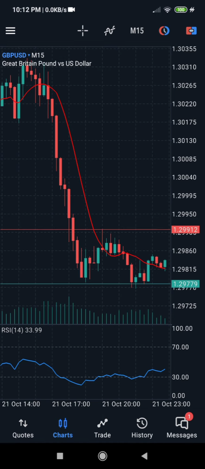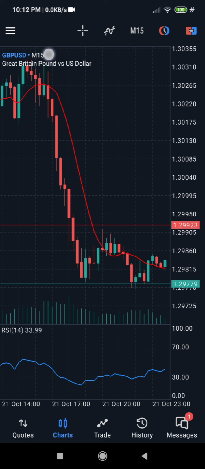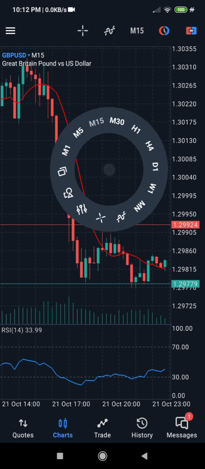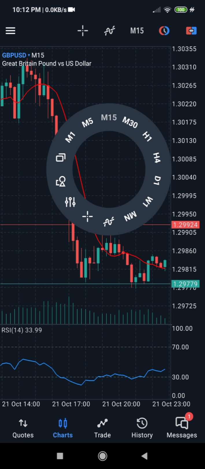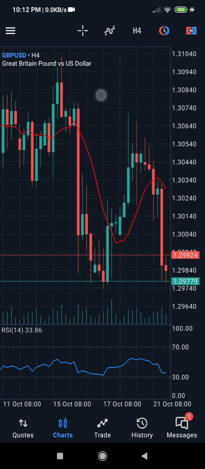But swing traders that set a very wide stop loss and take profit, this will not affect them, because I'm in the 15-minute time frame right now. You can see up here is 15 minutes. Swing traders make use of 4 hours. So you can see for a swing trader, his stop loss may be somewhere at the top here.